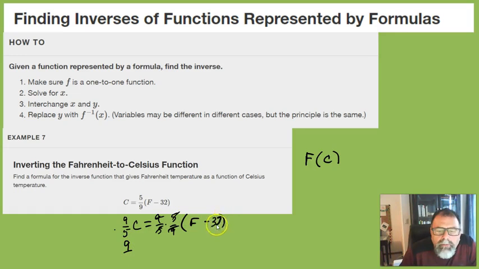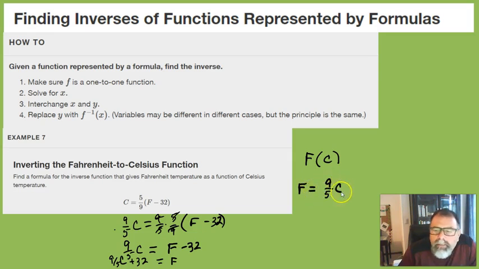So 9/5 C equals F minus 32, and then add 32 to the other side. So then we get F equals 9/5 C plus 32. So our Fahrenheit written as a function of C would be 9/5 C plus 32.